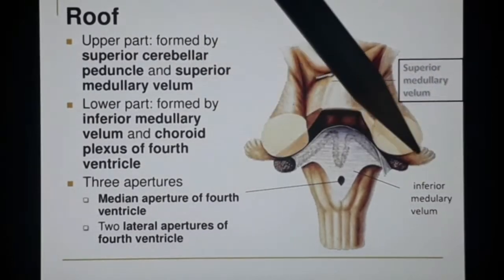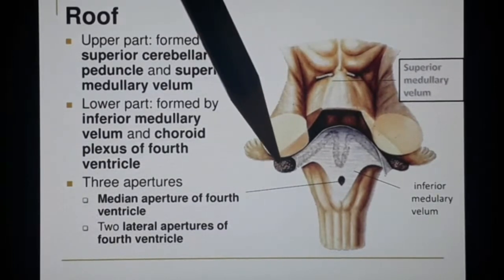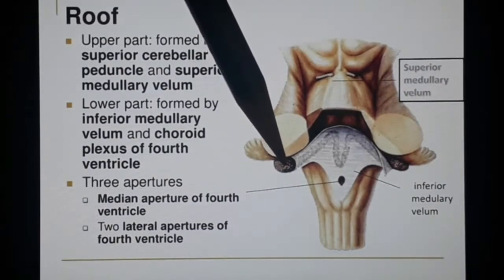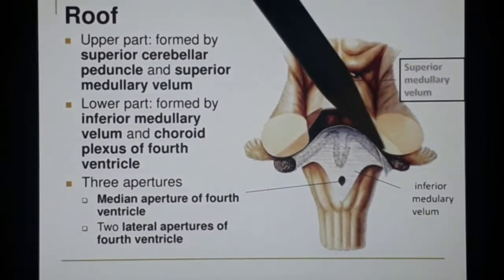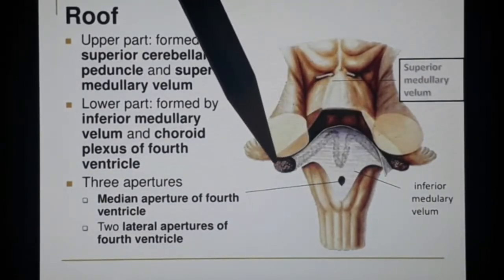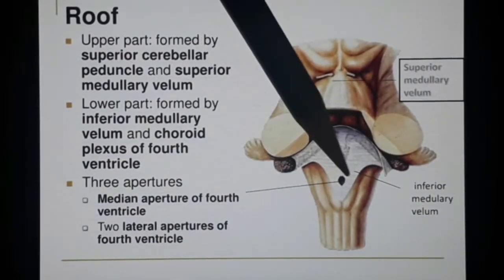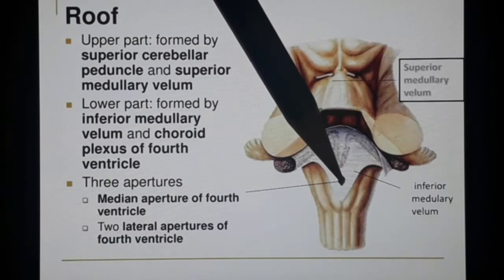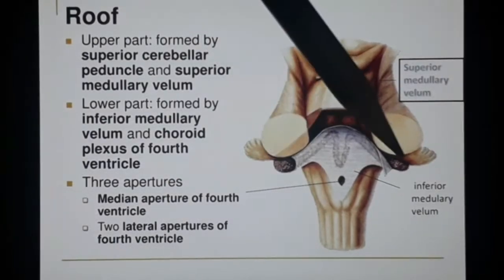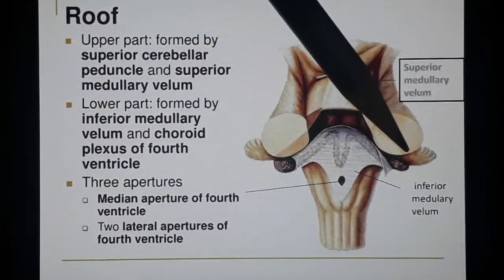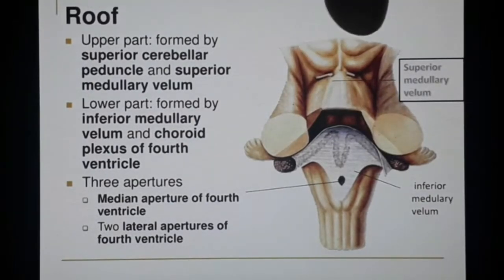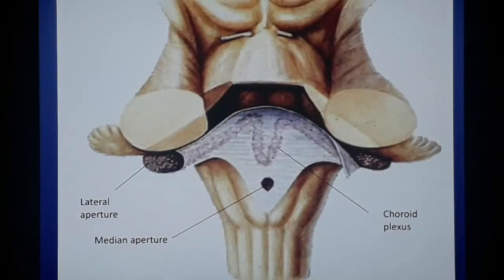These two lateral apertures are known as the foramina of Luschka. So the inferior medullary velum has three openings, one in the center known as the foramen of Magendie, and two on either side known as the foramina of Luschka. This shows you the closer view of the roof.